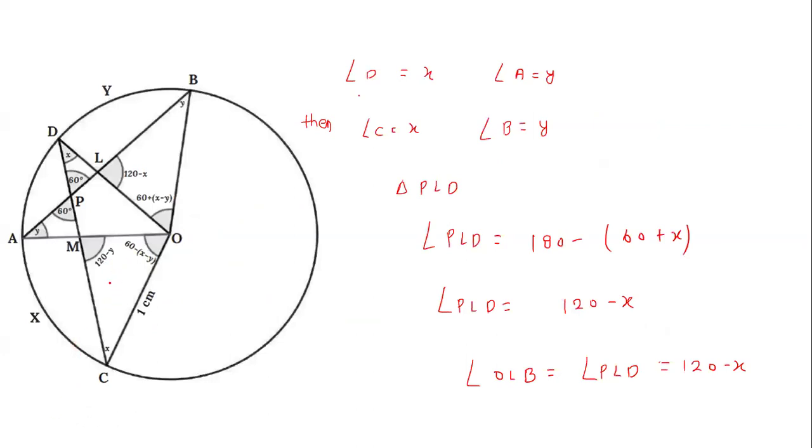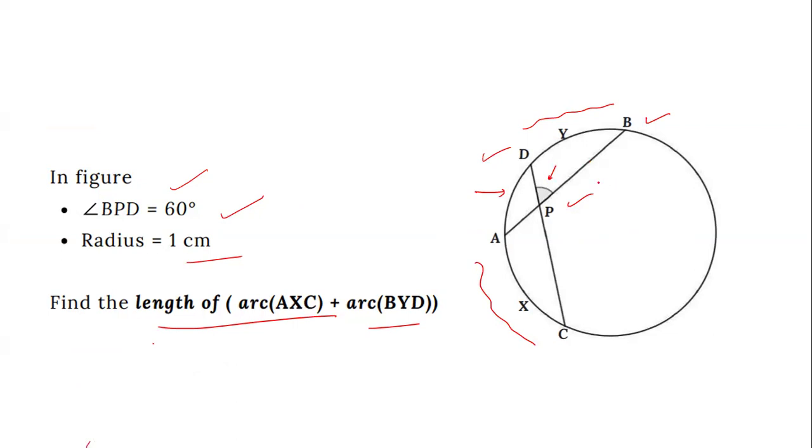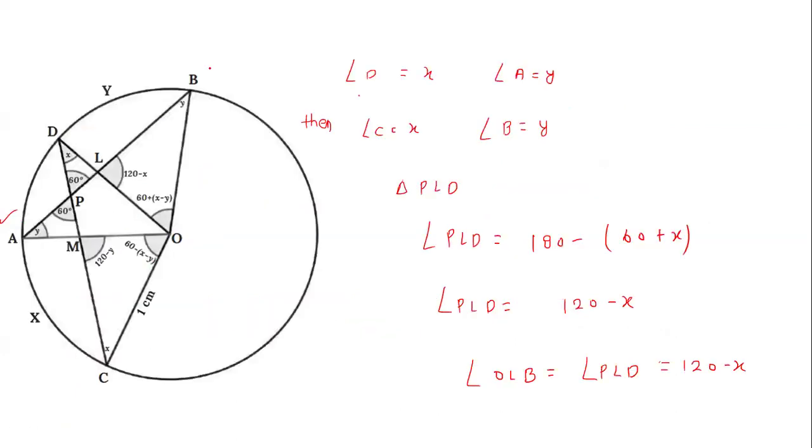In this figure, the line AB is already given here and CD is given here. This is AB and this is C and D. I have chosen this as the center O, and I connected it to this point D, and I have also connected it to this point A. Now I get this figure.